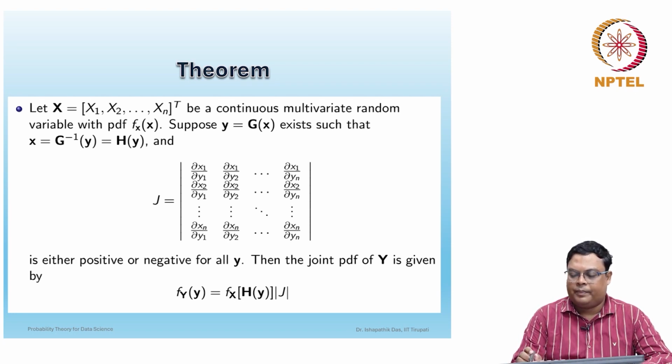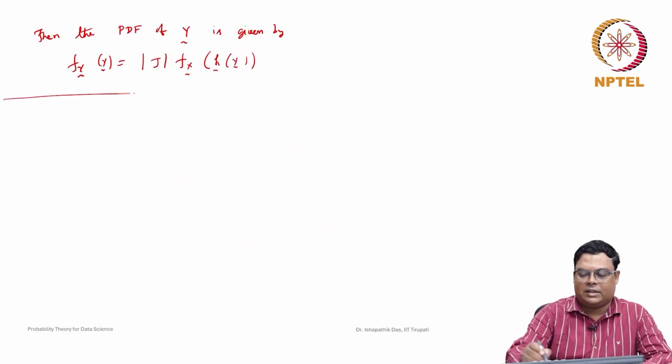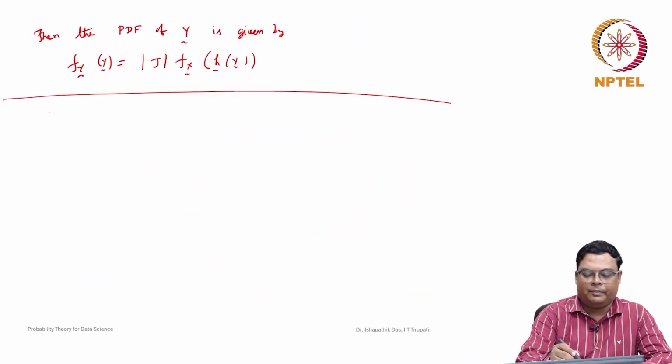Suppose Y = g(X) is a transformation such that g inverse exists, X equal to g inverse of y, h(y) exists, and the determinant of this Jacobian matrix is either positive or negative for all y. Then the joint probability density function of Y is given by f_Y(y) equal to the absolute value of the determinant of the Jacobian times f_X(h(y)). So basically this theorem can be extended to n random variables.